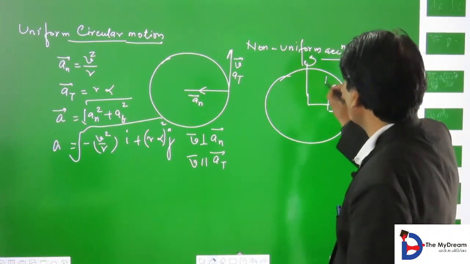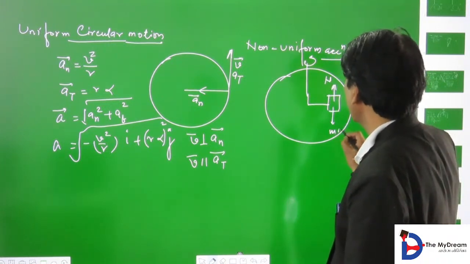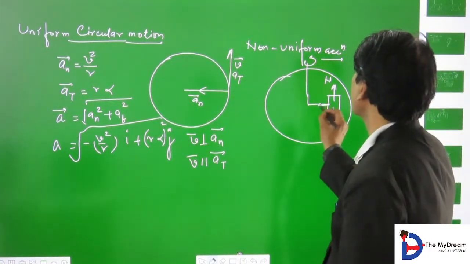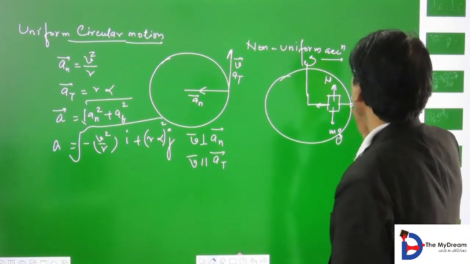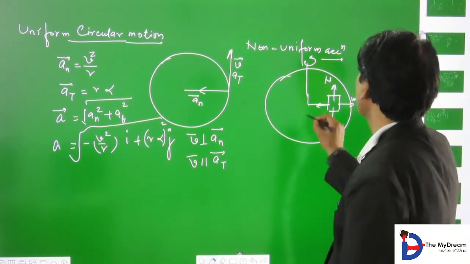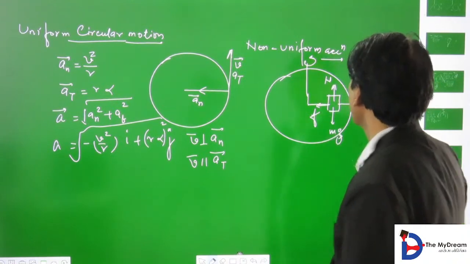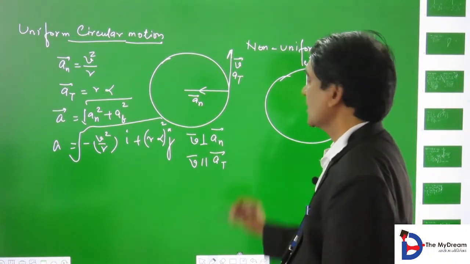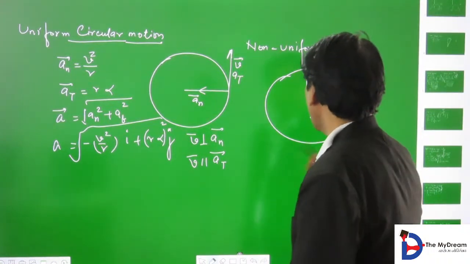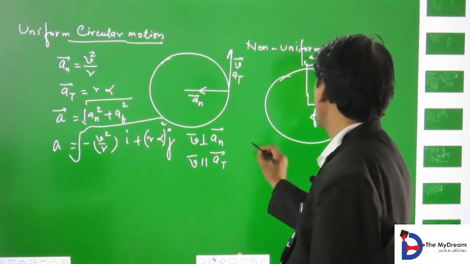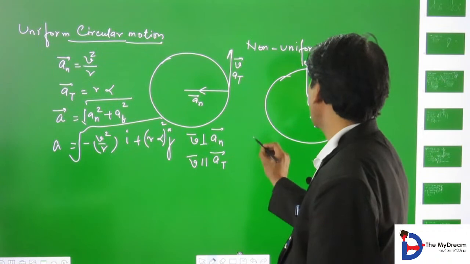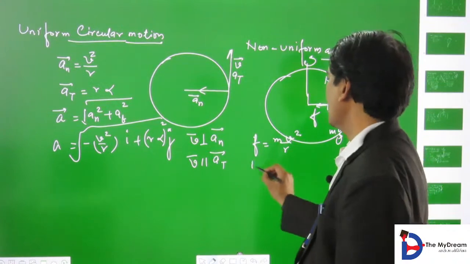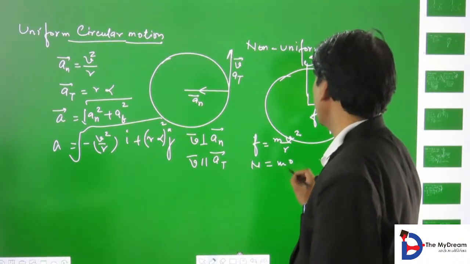This one is the normal, this is the weight, so upward force is equal to, write it like this, upward force F is equal to mv square by r. This is N by g.